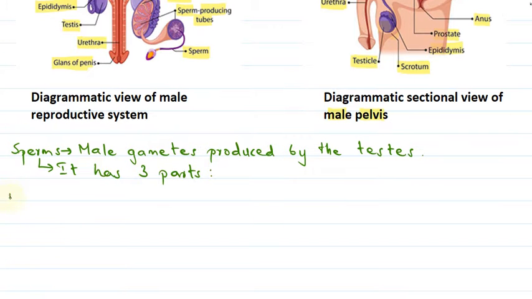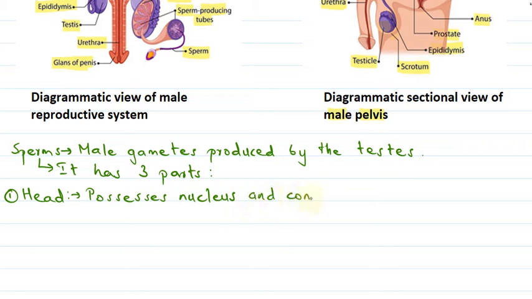First is the head of the sperm. This head possesses the nucleus, and it also contains a structure called the acrosome.